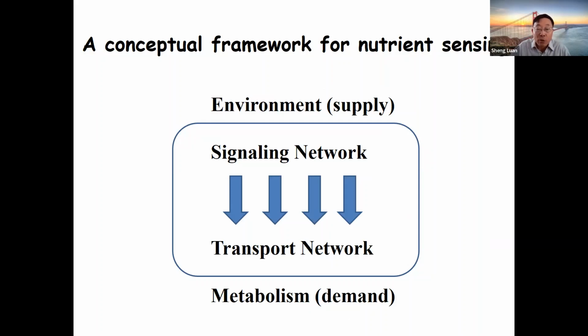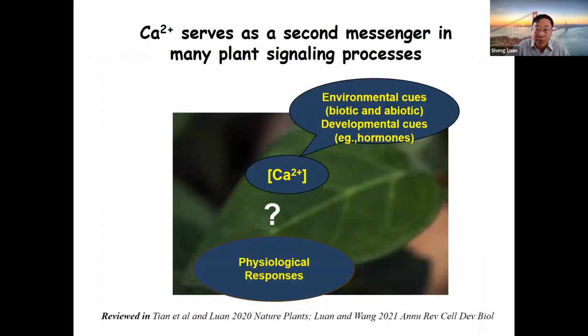So in the signaling network, of course, we have calcium serving as a signal messenger, not only in plants, but in all the eukaryotic systems, right? In response to many different signals, including environmental cues, which further consist of biotic or abiotic signals, and developmental cues or internal signals that include hormones or other developmental signals.